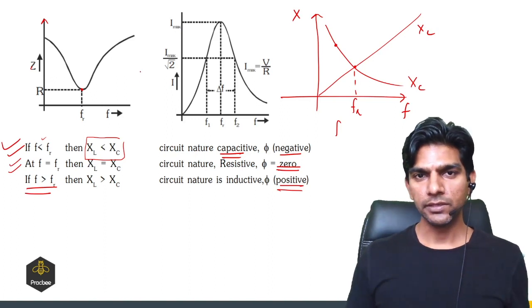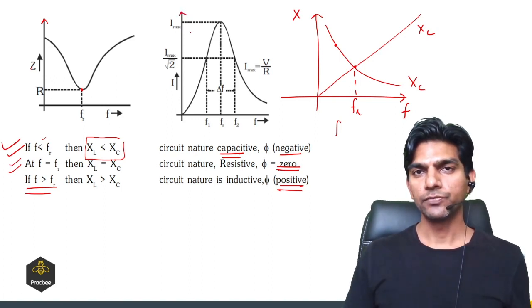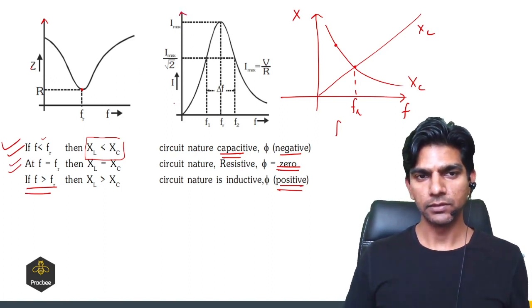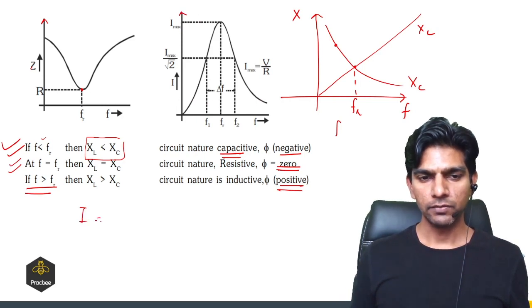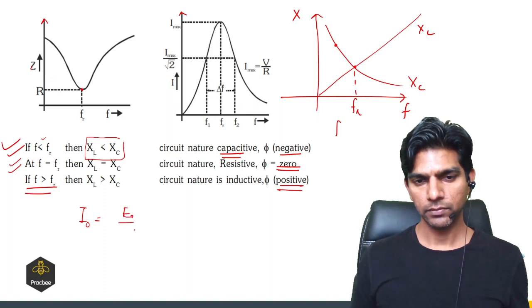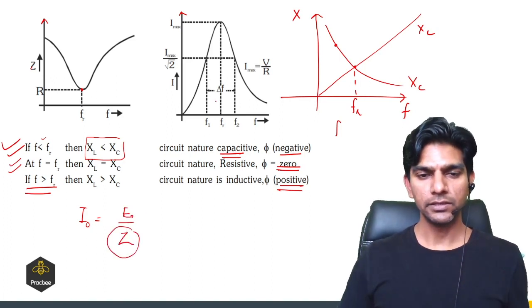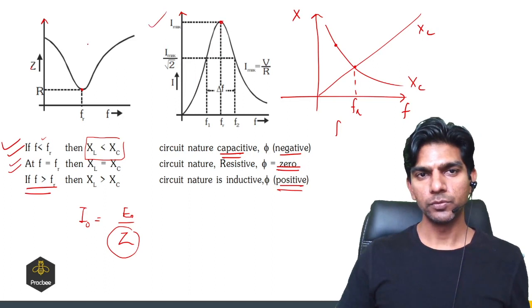So do remember this graph. And similarly, we can plot the graph for the current with frequency. We know that the peak current will be E naught upon impedance. So as impedance decreases, current will increase, and at the resonating frequency, current has its maximum value. So do remember these two important graphs.